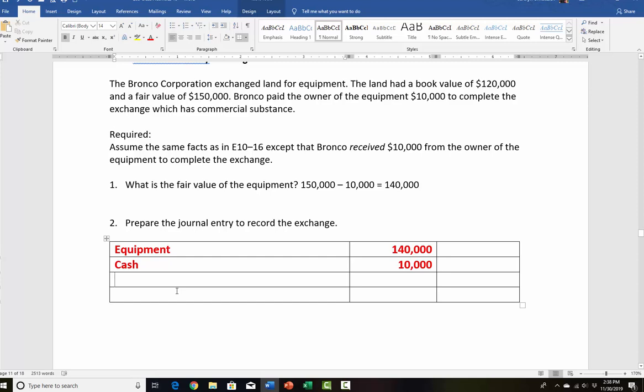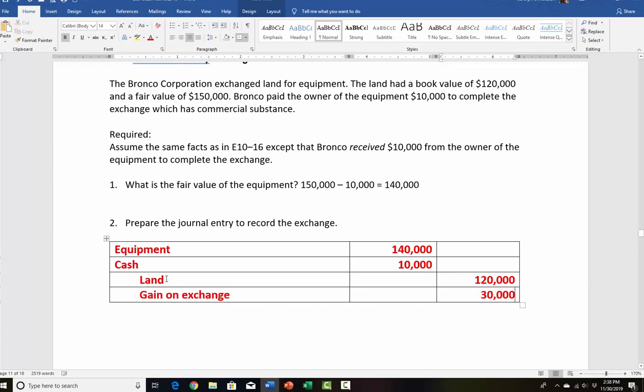And what else? We know we have to credit the land because the land is going away. So let's credit the land for its original cost. Remember, whenever you get rid of an asset, make sure you take it out at its original cost. And finally, we still have the gain. And the gain is $30,000.